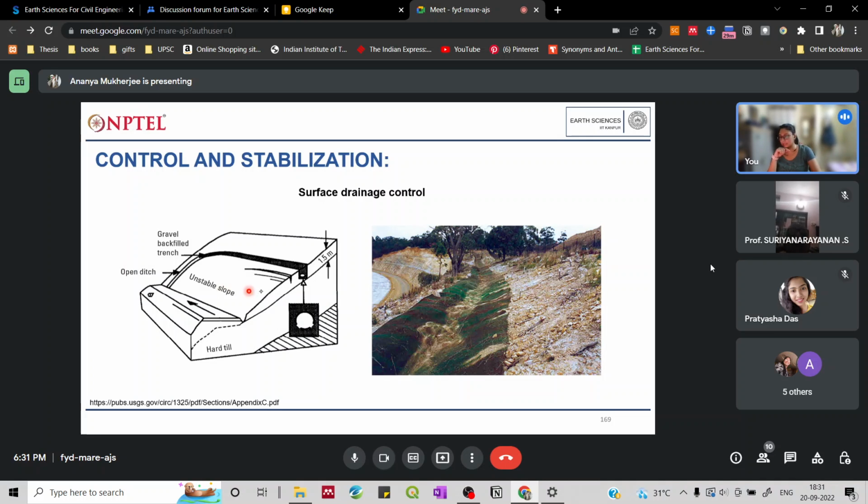You can see that this is the gravel backfilled trench, and this is the outlet where the water will flow away, and this is your road. So this is the unstable slope, and without the surface runoff affecting it, we can still stabilize this.